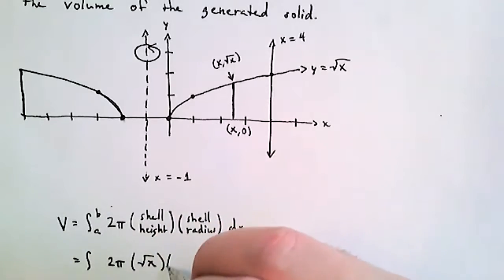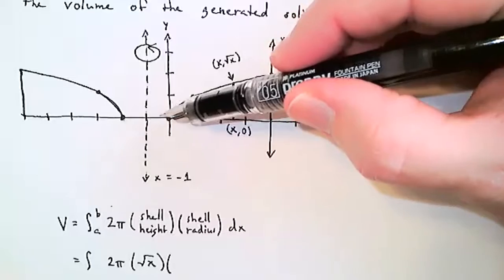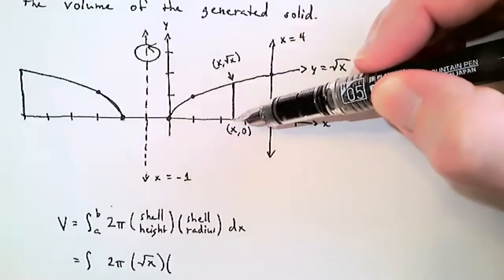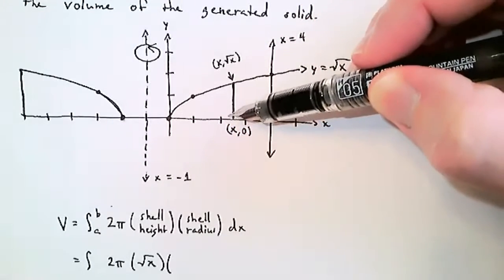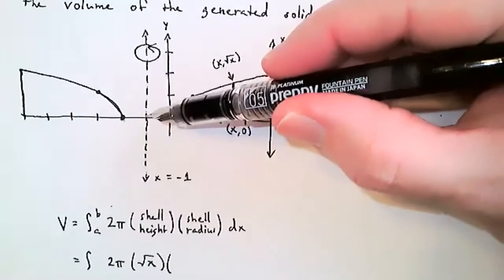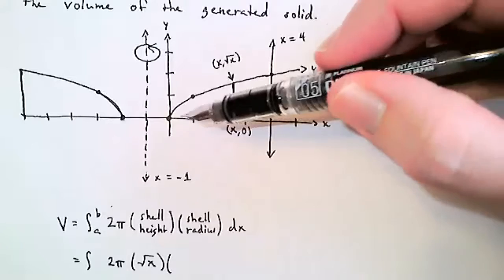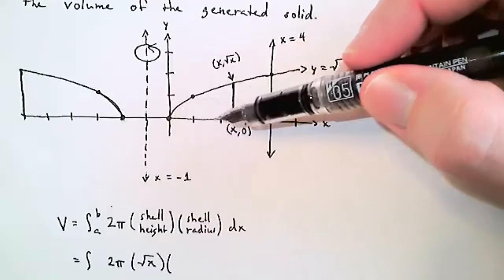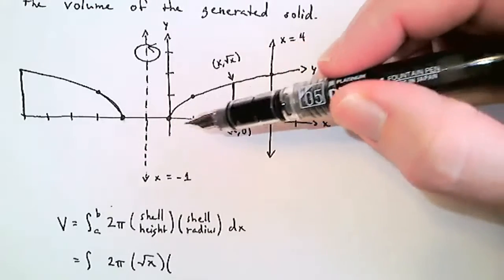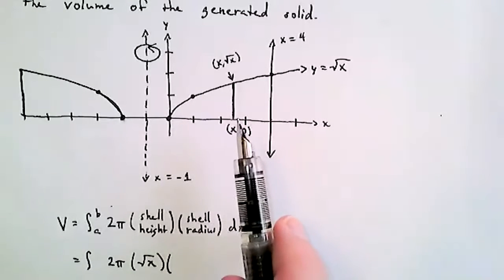What about the shell radius? And remember, we're revolving around this line. So what's the distance between this point and this one? Is it x?